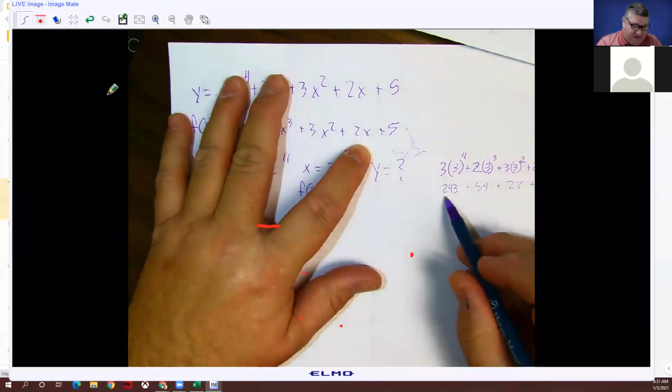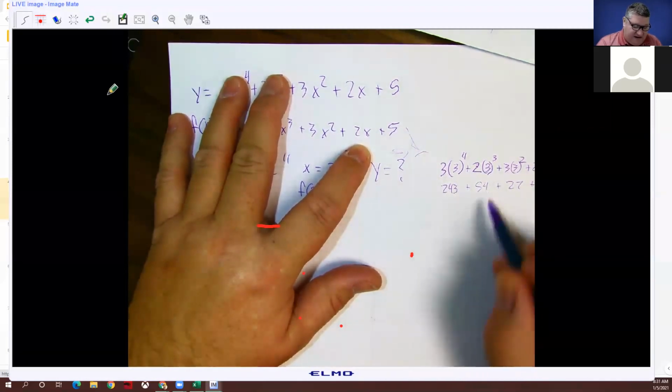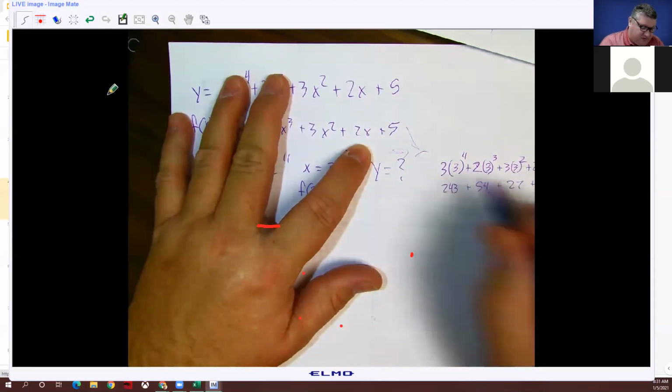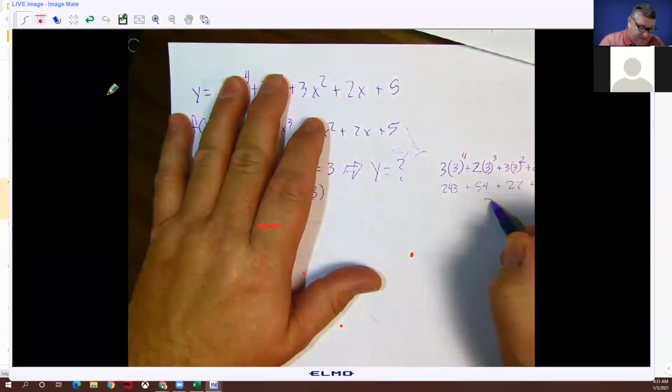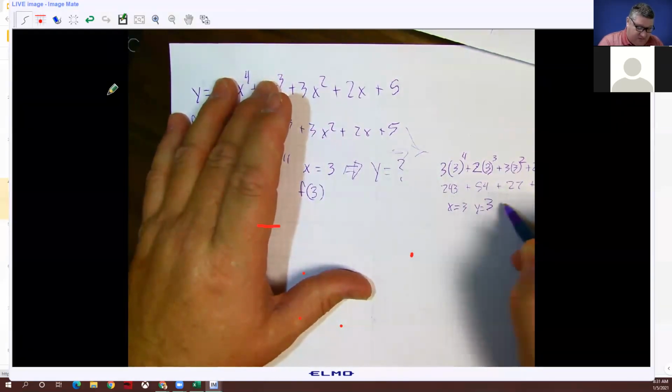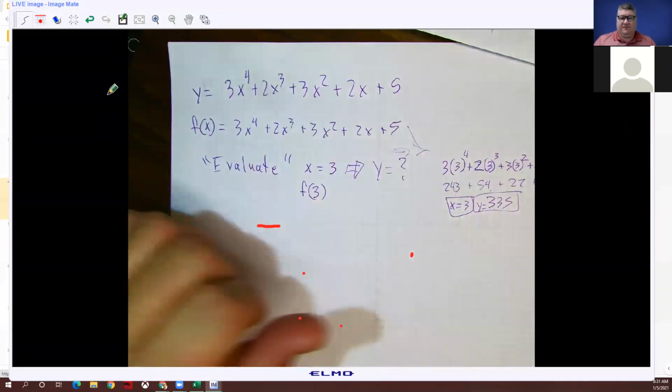And if I put all these together, that's 297, plus 20, 324, 330, 335. And so if x equals 3, y equals 335. Unless I made a mistake.